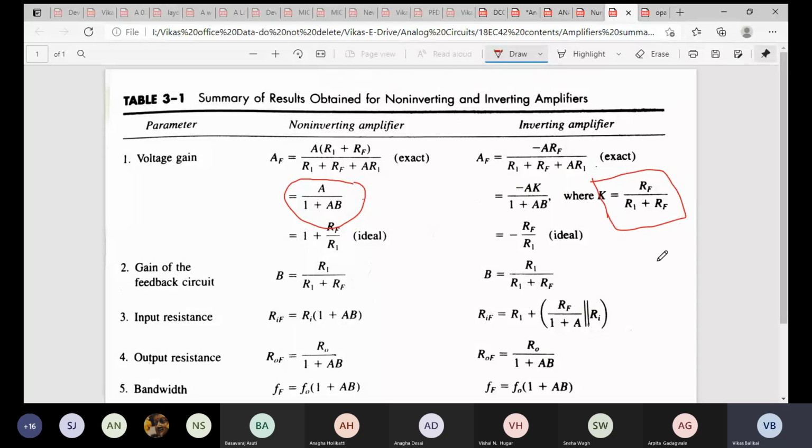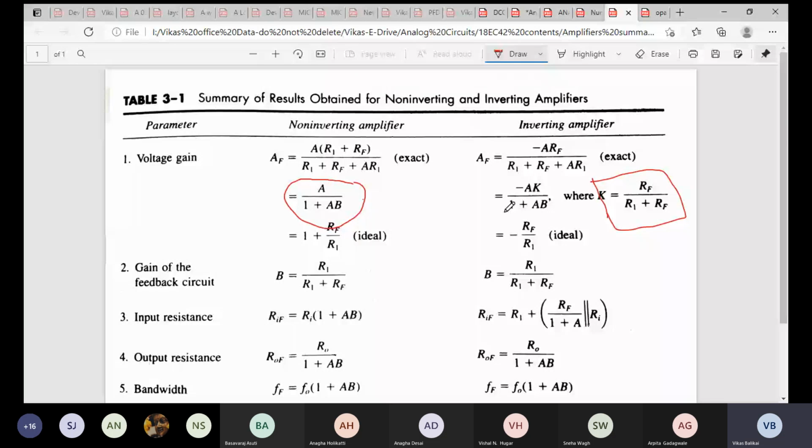In the inverting amplifier, there is an attenuation that is going to happen, and the amount of attenuation that gets added is reflected in the equation. So for both inverting as well as non-inverting configurations, A divided by 1 plus A beta will be my standard equation. For a feedback amplifier, my gain equation A divided by 1 plus A beta is fixed.